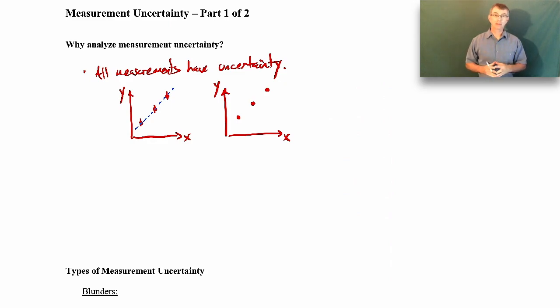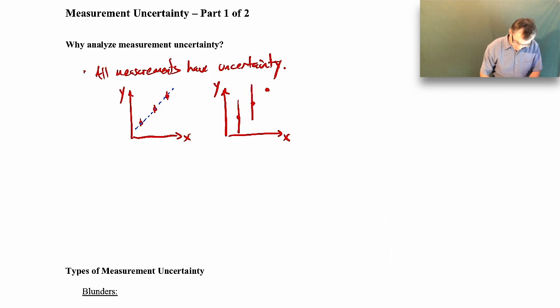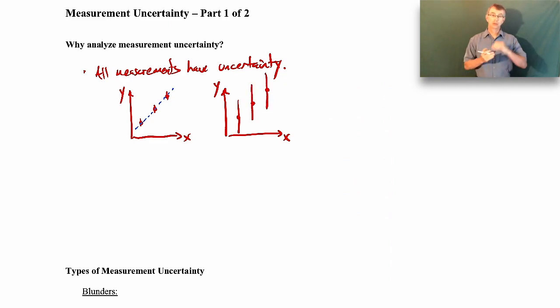Now on the right hand side, with those measurements, let's say we were very sloppy and we had large ranges of uncertainty. So now the range within which the true value lies is much larger, right? We don't know exactly within that vertical bar where the measurement lies.